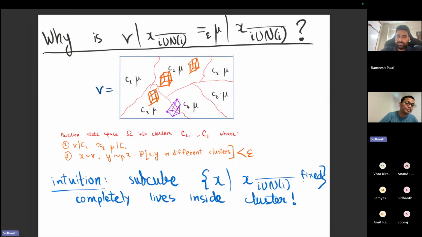Now if you completely live inside one of these clusters, then conditioned on being in the subcube, you are actually going to look like the true stationary distribution mu conditioned on being in the subcube, because the only places where the locally stationary distribution differs from mu are regions like this purple cube here that straddle between two different clusters.